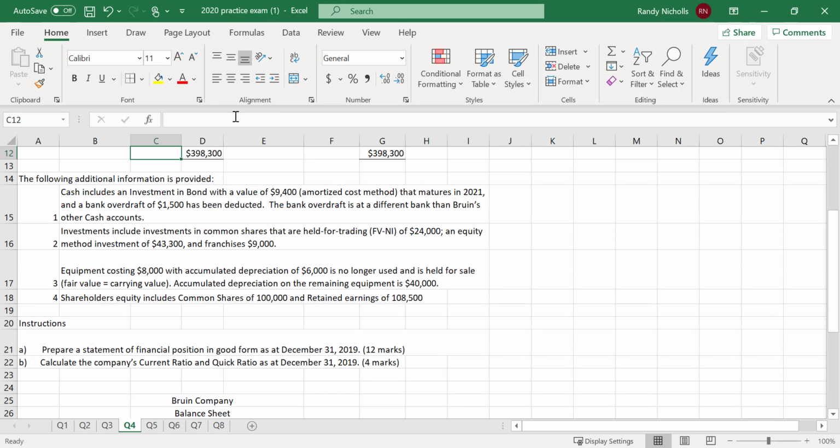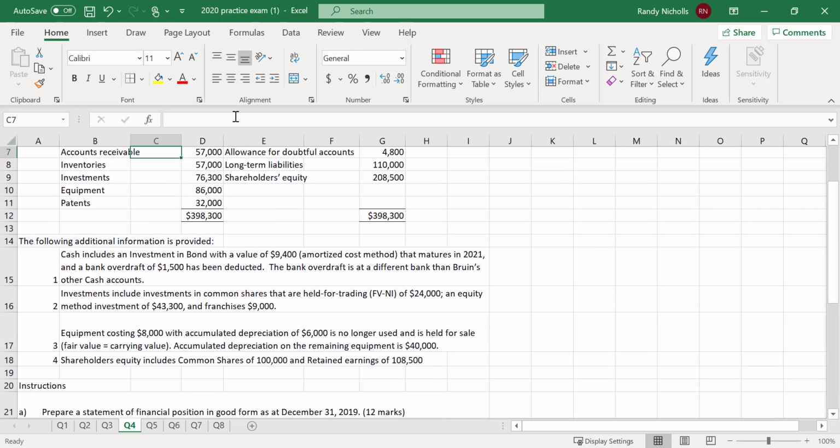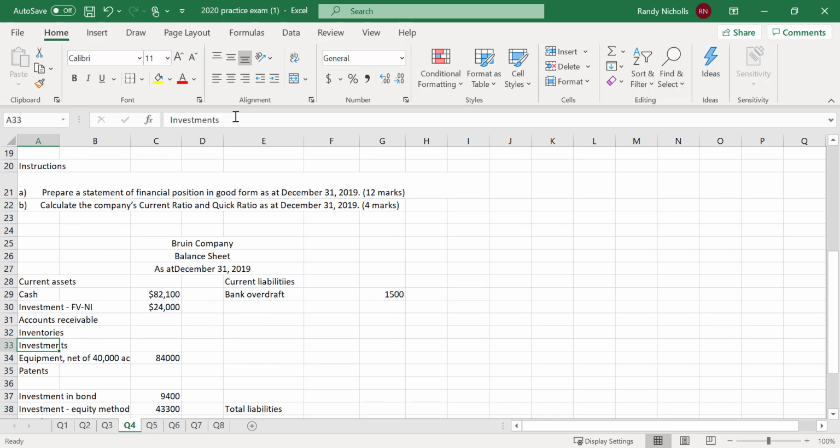Accounts receivable, shareholders' equity includes common shares of 100,000 and retained earnings of 108, so I need to break that down. My accounts receivable is 57. I see I've got an allowance over here on the credits of 48. I need to net that. So it's going to equal 57,000 minus 4,800, and I need to get that in the wording.